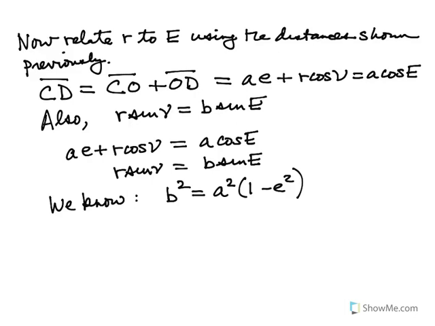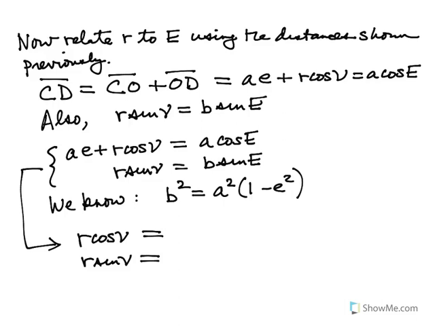So now let's take these two equations and solve for r cosine nu and r times the sine of nu. If I solve them, I get the following results. I get r cosine nu equals a times the cosine of E minus ae, which is equal to a times the cosine of E minus e.